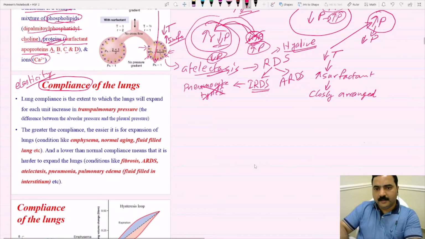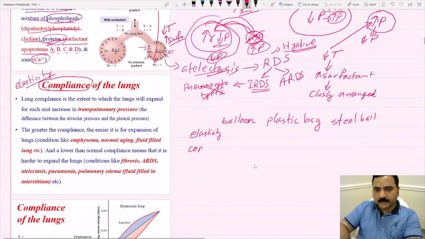So if I take three substances, for example a balloon, a plastic bag, and a steel ball, in these three things we have to see what is the elasticity, and which one is compliance.